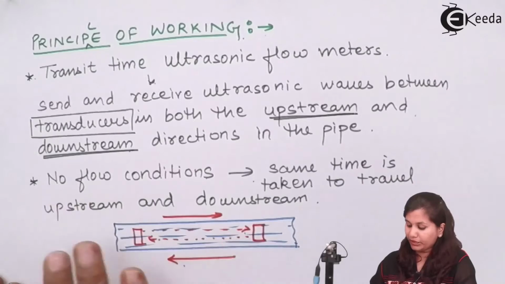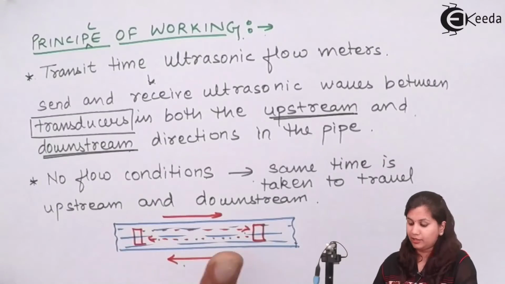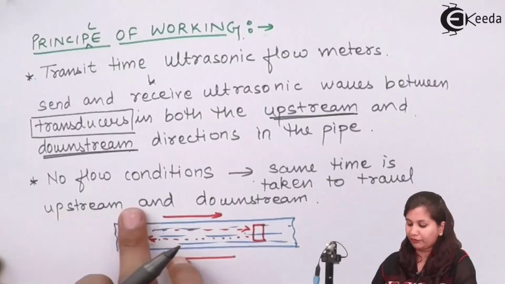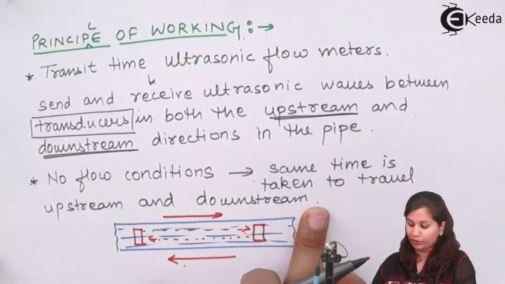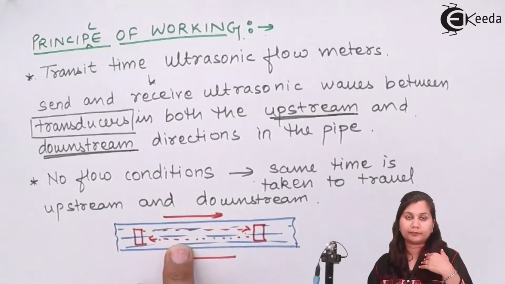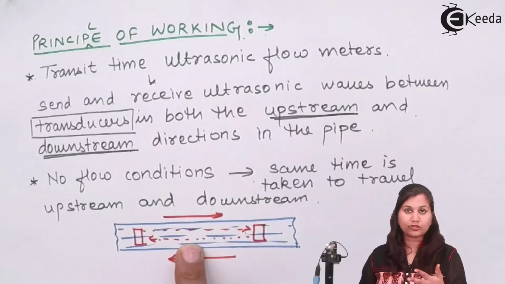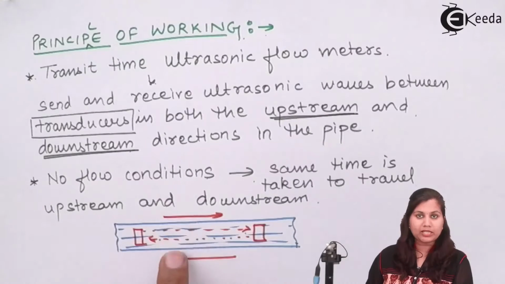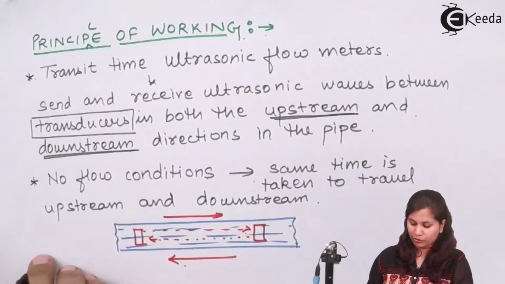Now when the fluid is not flowing, it is still. So under the no flow condition, the same time is taken to travel upstream and downstream. So if we calculate the time taken by the waves to be sent and received by the transducers, the same time is taken in the upstream and the downstream.